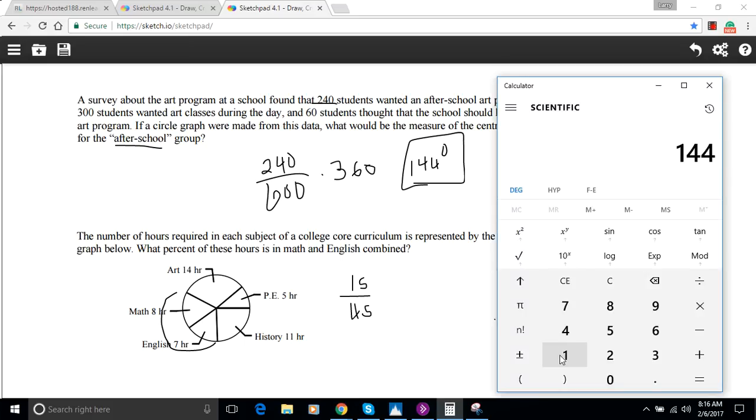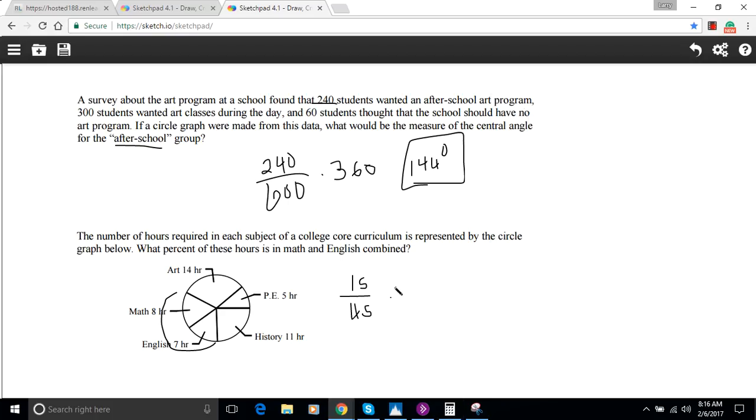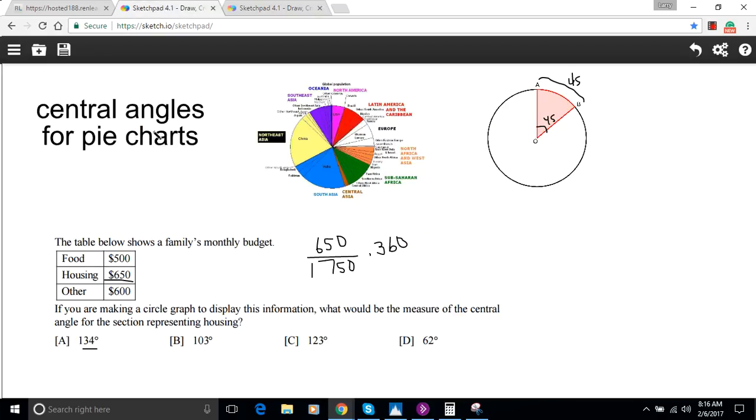So 15 divided by 45. And that is 0.3 repeating, or 1/3. And to convert that to a percent, we just move the decimal by 2, and we get 33%. We'll just round it to the whole percent. So that is a little bit of work with finding central angles for pie charts.